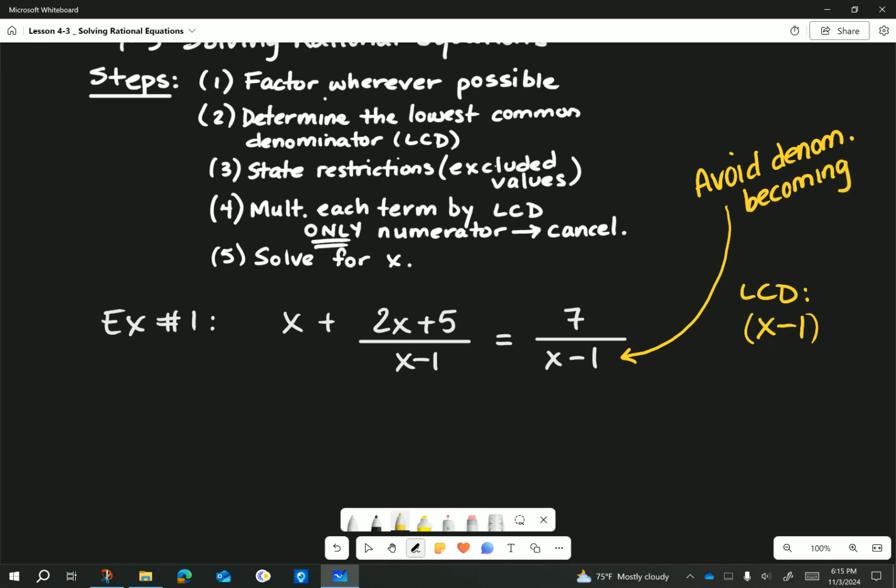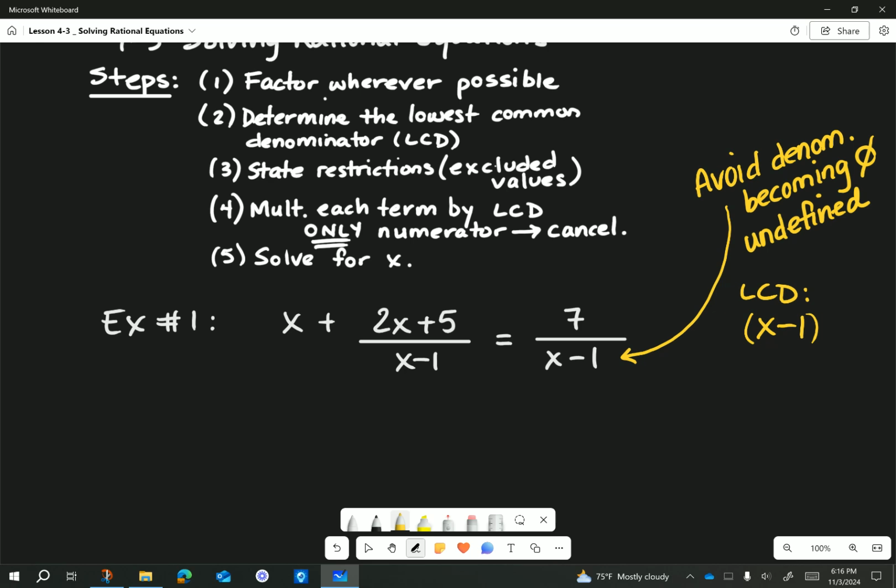And the reason we want to avoid that is because it causes our fractions to become undefined, okay? We do not want fractions to become undefined. You cannot divide by a 0 value. So when I ask you to find restrictions, I'm asking you to exclude those values that would cause your denominator to become 0.